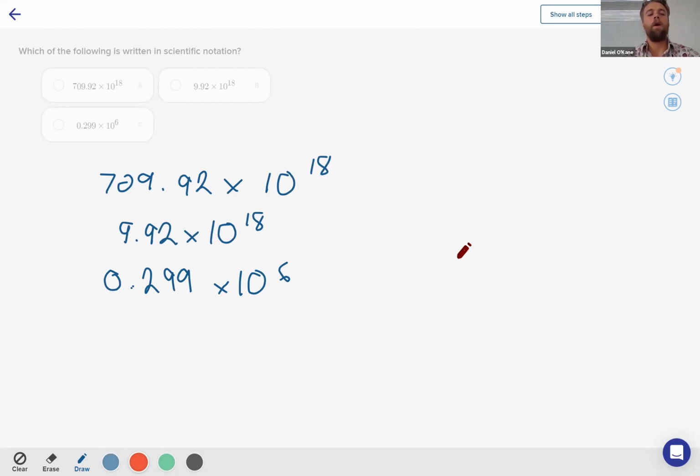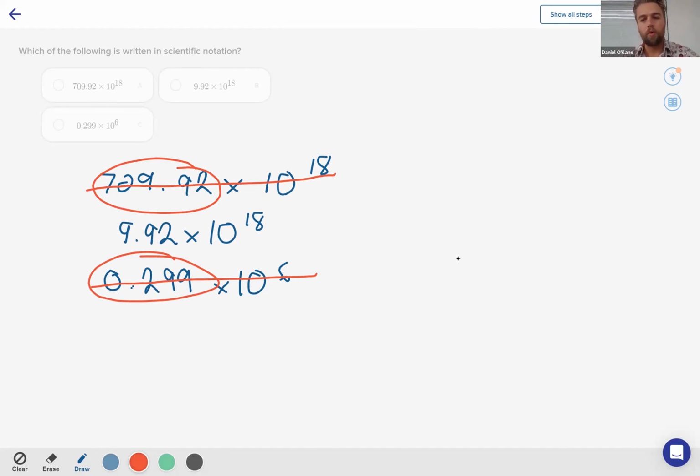So I know that the first and the third answer is incorrect. Why is that? Because both of these numbers are not between 1 and 10. 0.299 is less than 1. 709.92 is greater than 10. So that only leaves me with this option.